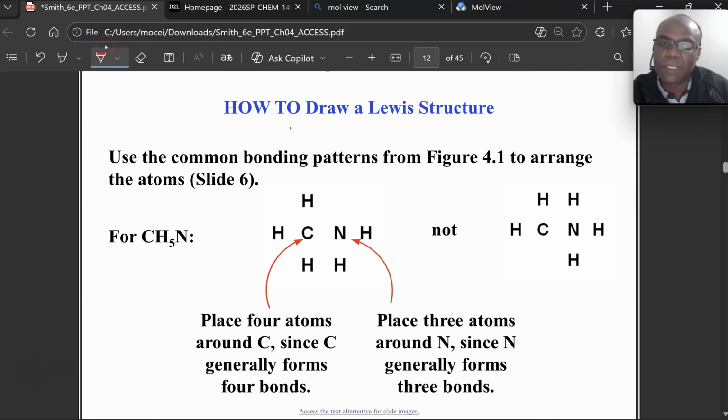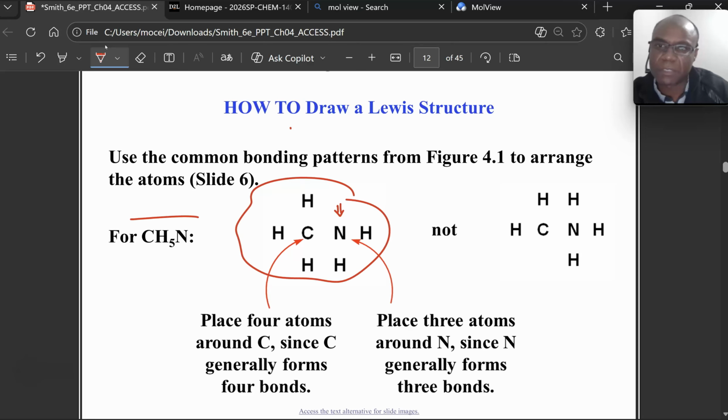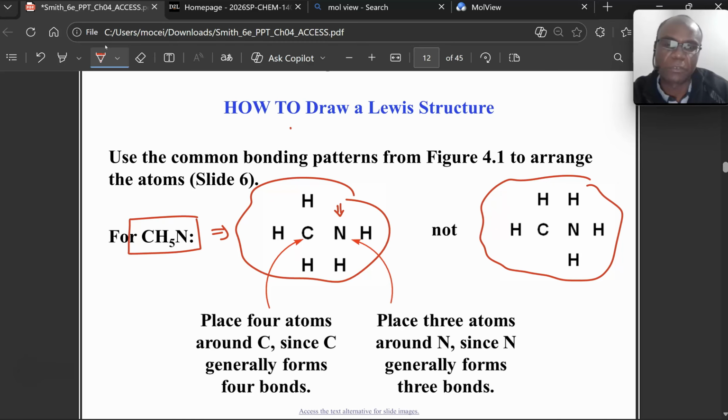Okay, step number 1 also applies to nitrogen. Would you want to draw this structure right here in this form, or would you want to draw it like this? Remember, again, I'm looking for symmetry.